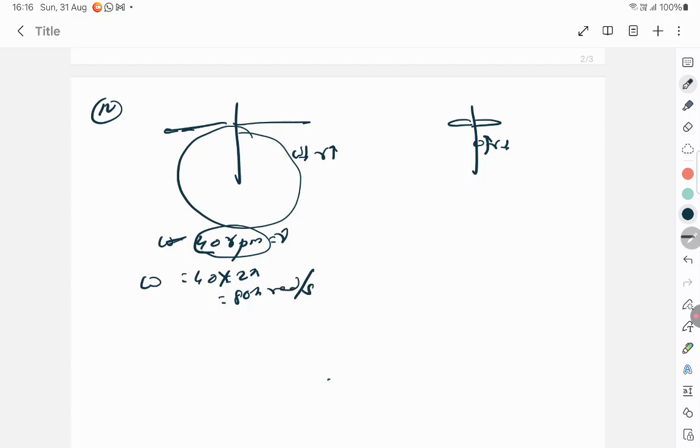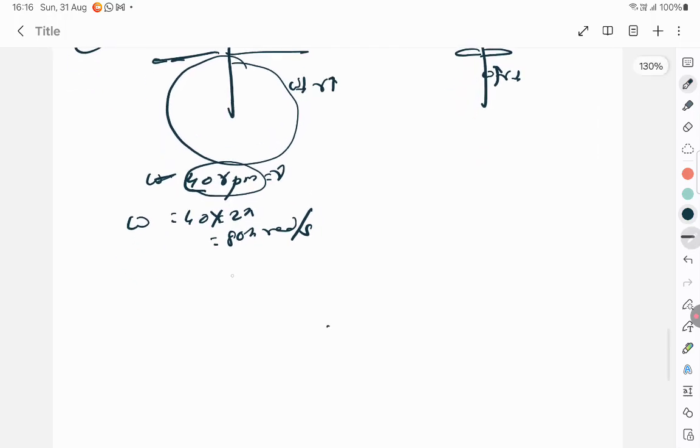So how much is the angular speed of the child if it folds its hands back and thereby reduces the moment of inertia to 2/3 its original value? It's I1 omega 1 is equal to I2 into omega 2, and you know that I2 is going to be reduced to 2/3 its initial value.